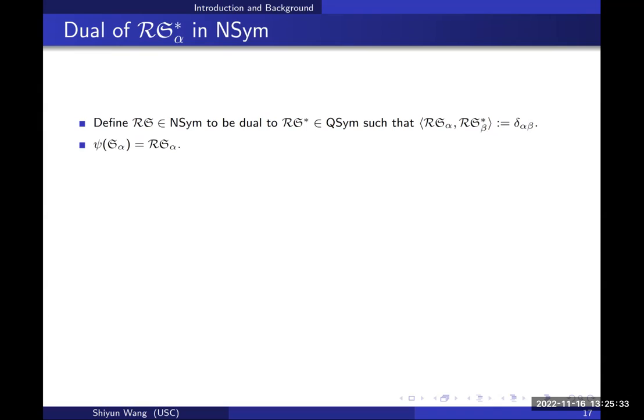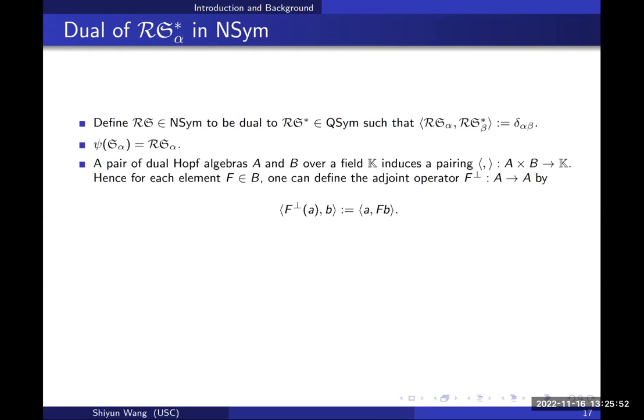So we define the Roche-Immaculate in NCSym to be the dual of Roche-Dury-Immaculate. And since the Roche is the image of psi, then in NCSym they should also be the image of psi of the immaculate basis.